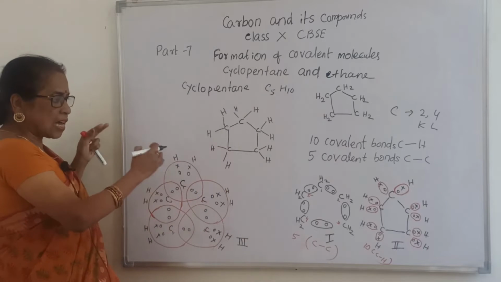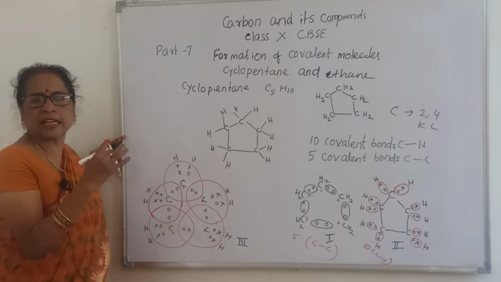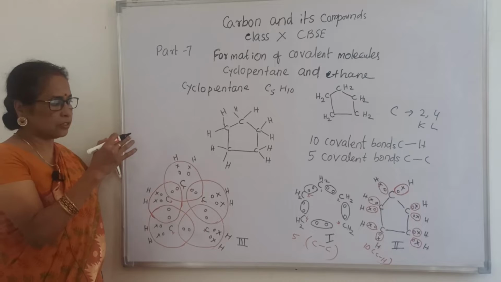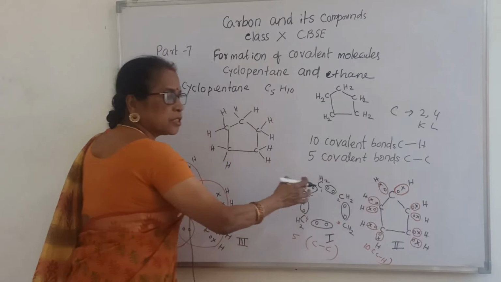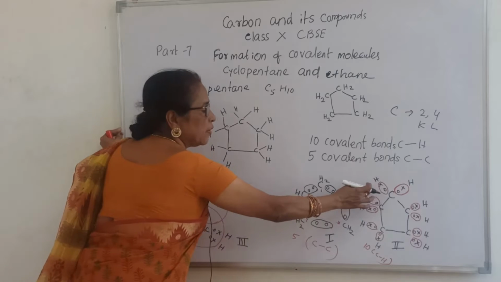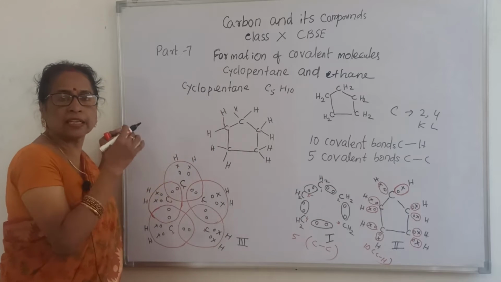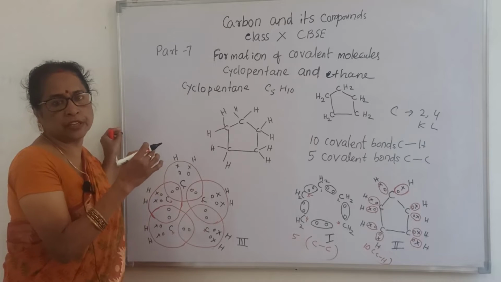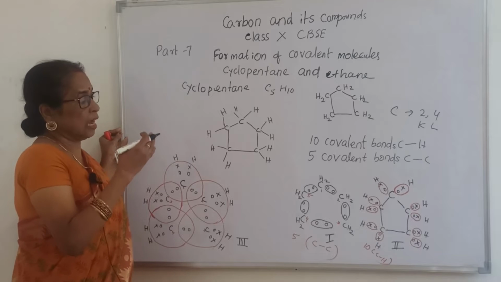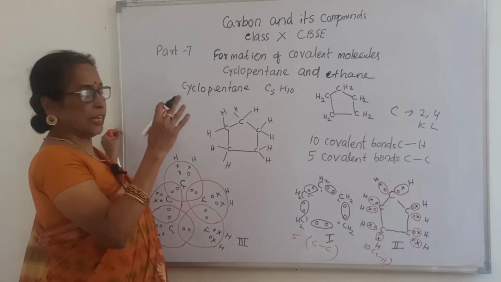Lastly, we will see how the carbon satisfies the inert gas configuration nearest to carbon, that is neon. Similarly, between carbon and hydrogen, the pair of electrons will satisfy the inert gas configuration of helium. Helium is a special one, where it attains the inert gas configuration with only 2, not 8.